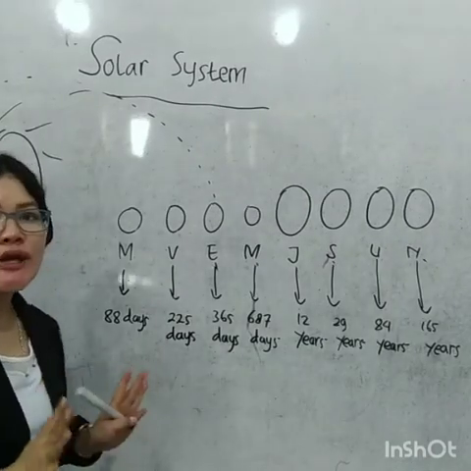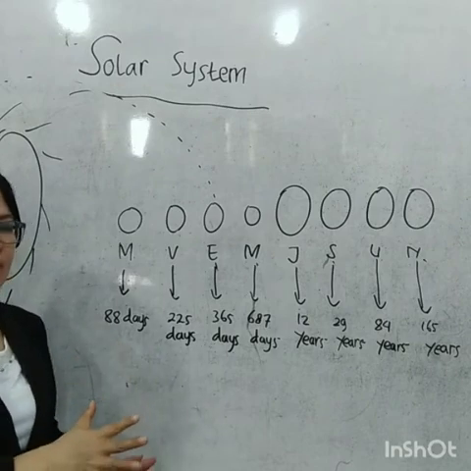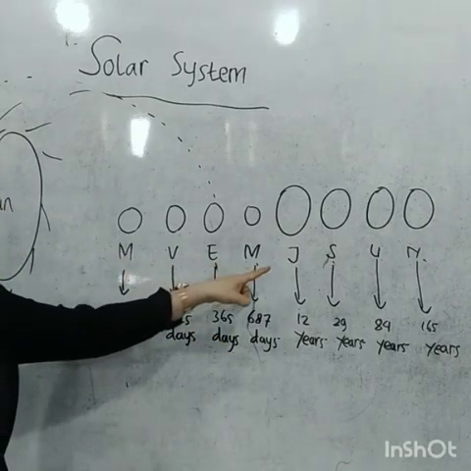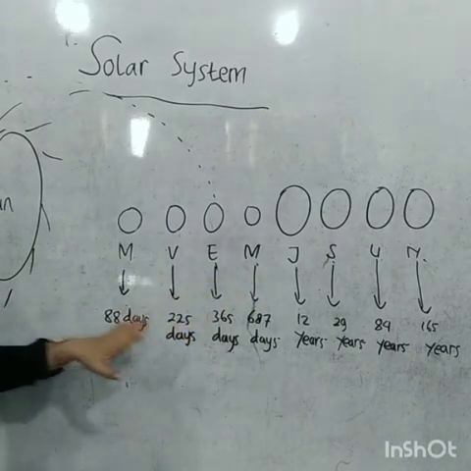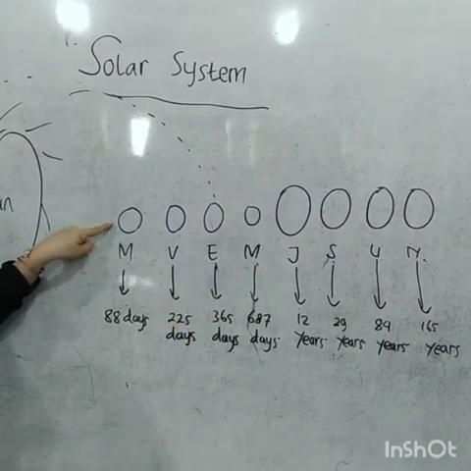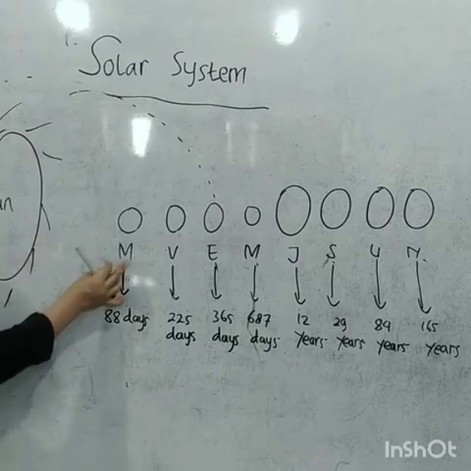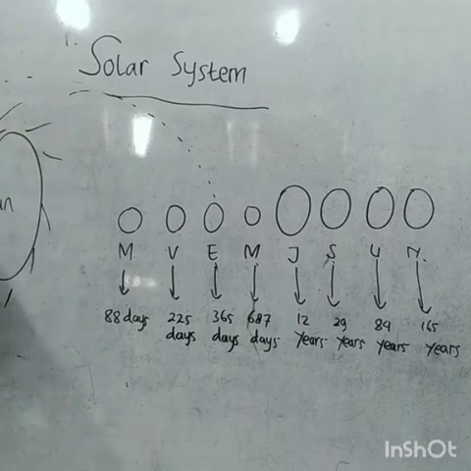Well, now we are going to the period of revolution of each planet. Mercury, Venus, Earth, Mars, Jupiter, Saturn, Uranus, and Neptune. How many days does Mercury take to revolve around the sun? Berapa lama waktu satu kali mengitari matahari?